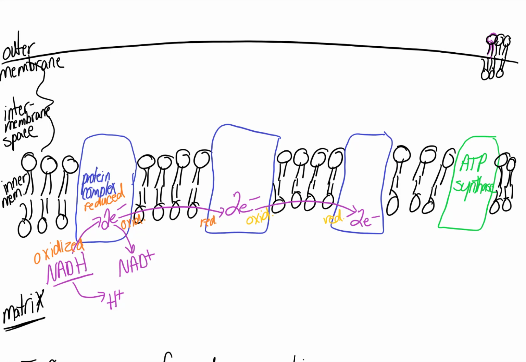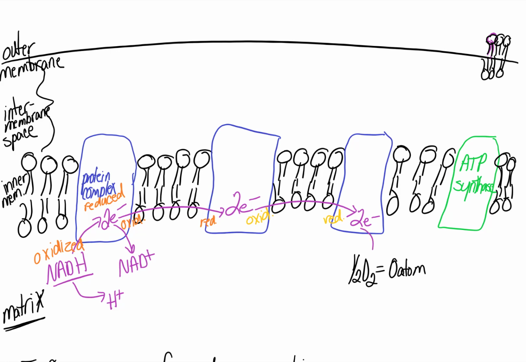Each time we pass these electrons on from one protein complex to another, we are releasing energy until those 2 electrons are passed on to the final electron acceptor, which is an oxygen atom. Your textbook represents this oxygen atom as half of an O2.